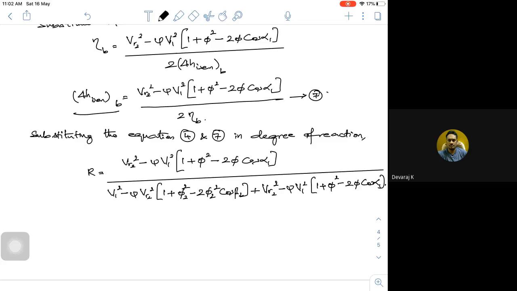So this is your expression for degree of reaction R after substituting everything.